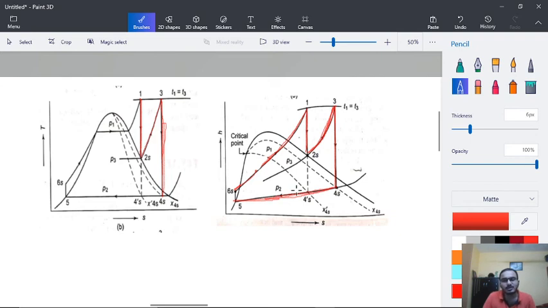That is, here both enthalpy as well as entropy are decreasing in the part of the condenser. And one more thing, here the pumping process has the same kind of trend in the TS and HS diagram, because it is an isentropic process.